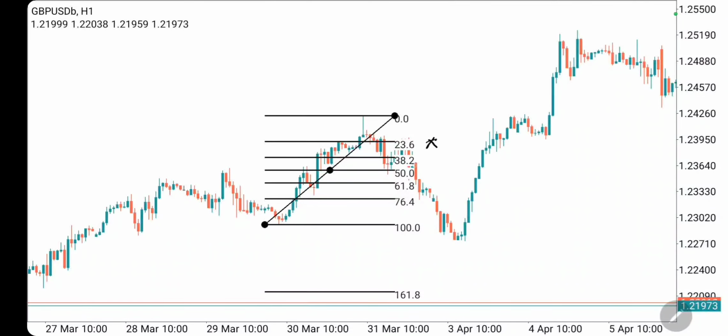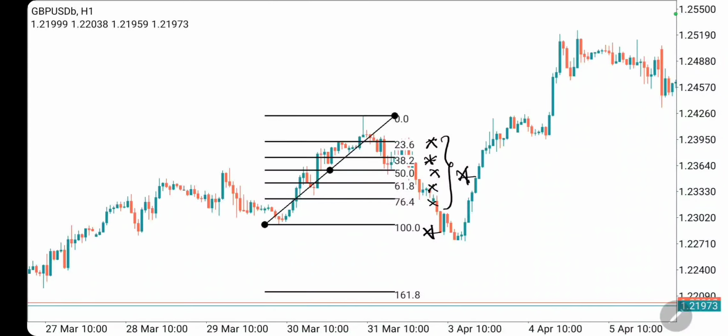This is the 23.6, 38.2, 50, which is like the half, 61.8, and 76.4. Hardly does the market come to this 100. These are the 5 major levels that the Fibonacci determines where the market is supposed to reverse.